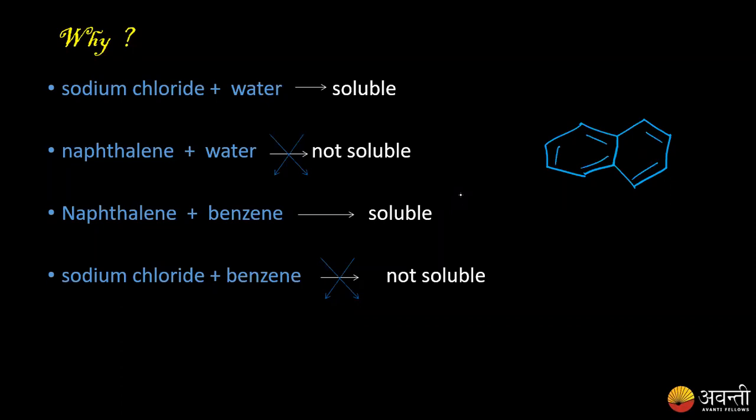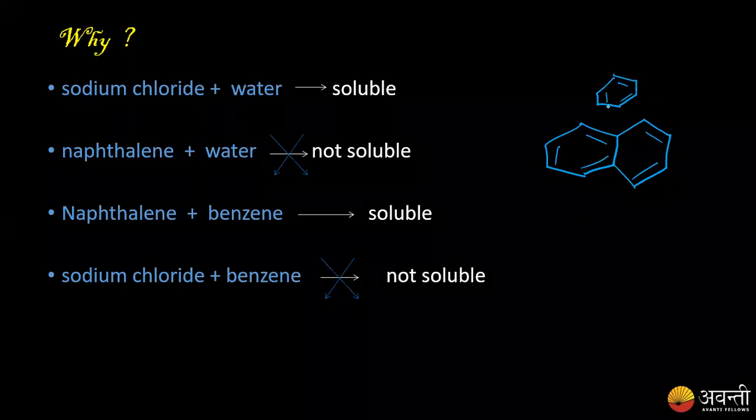Very good, yes. Naphthalene is a non-polar molecule. Water is a polar molecule. So a non-polar is not soluble in a polar molecule. What about benzene? Is benzene polar or non-polar? Very good, Ankita. Benzene is also non-polar.